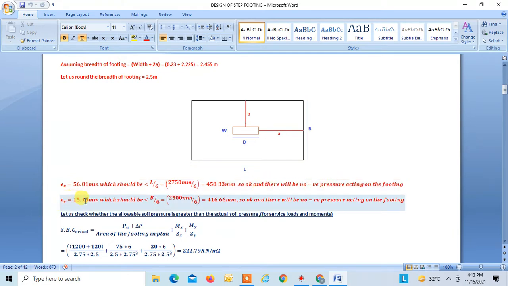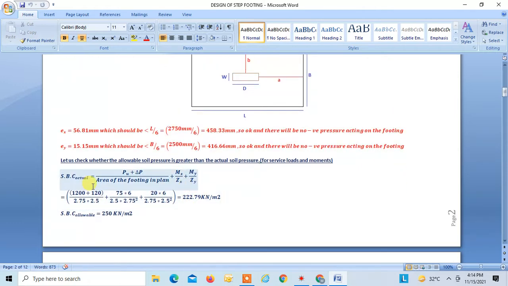Similarly, ey is 15.15, should be less than B by 6, which is 416.66. So this is less than this. So there is no negative pressure acting on the footing. So this is okay. Otherwise, we would have to change the size of the footing.